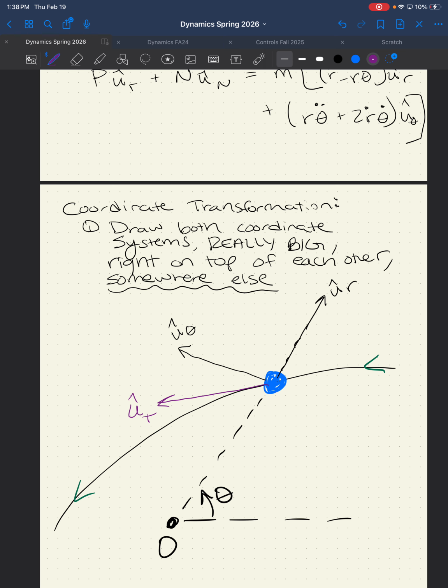Okay, so we solved and we found a negative value for psi. So it means that psi does not in fact go from u hat r to u hat tangent positively. It goes clockwise from u hat r to the negative u hat tangent. So this is psi and it's equal to 45 degrees.